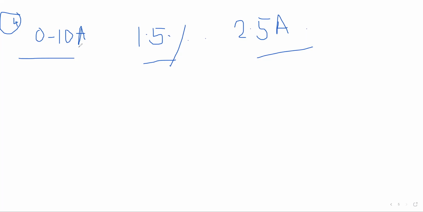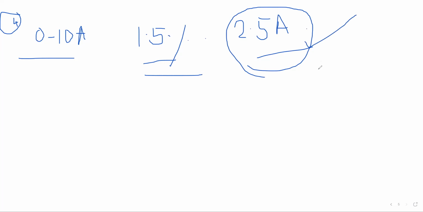A 0 to 10 ampere ammeter has a guaranteed accuracy of 1.5% of full scale reading, full stop. The current measured by the instrument is 2.5 ampere. Calculate the limiting values of current and the percentage limiting error.